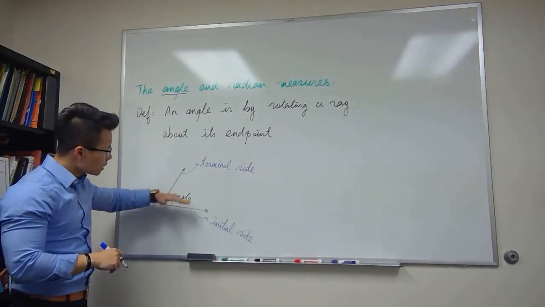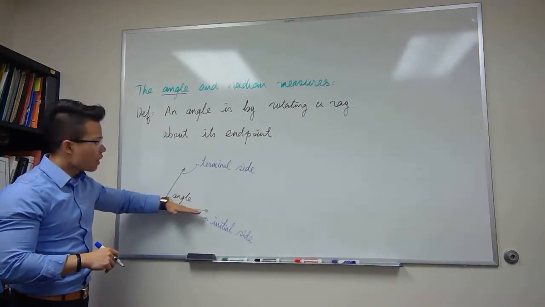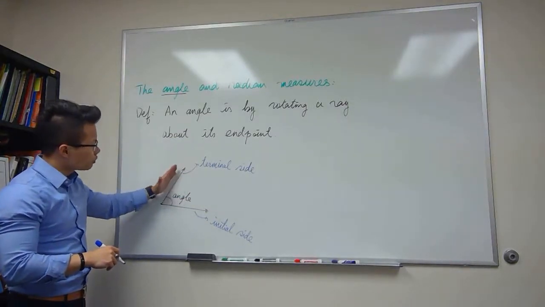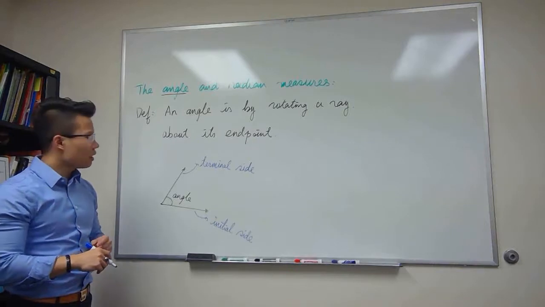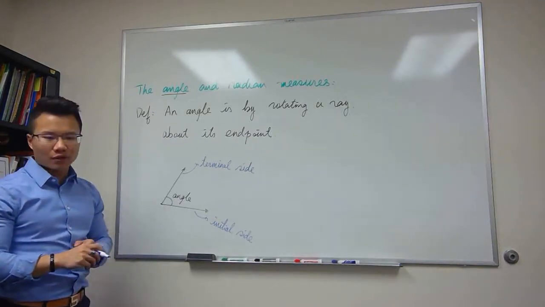So with these 2 sides, we start from the initial side, do a little bit of rotation, and get into the terminal side, and that's when we get the angle.